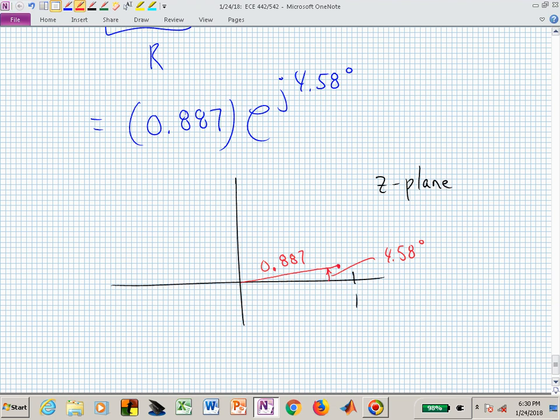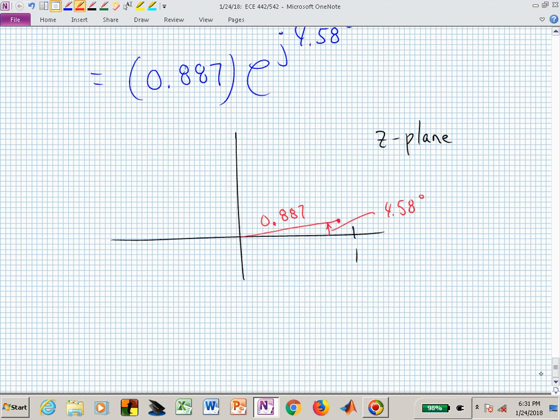Can we use polar form? Can you just say 0.887 at an angle of 4.58? That's fine. And at some point, you might want to convert that to rectangular. So you're going to need to get very comfortable going between rectangular and polar representations.